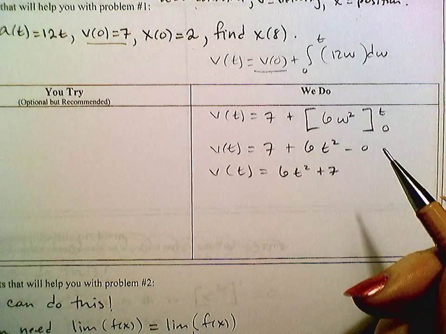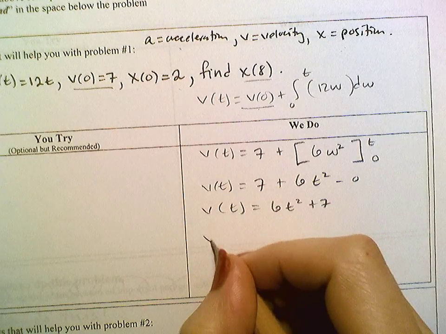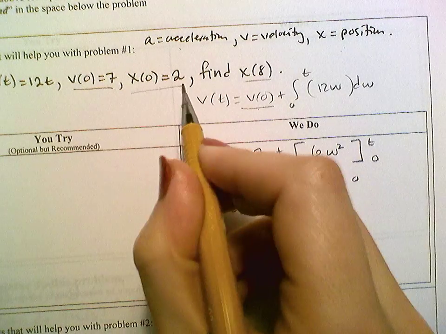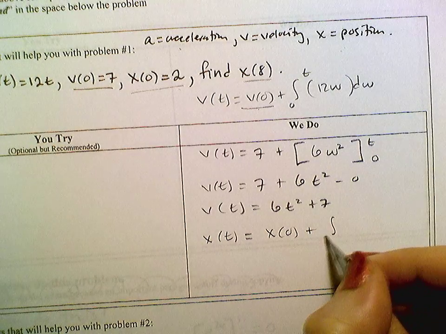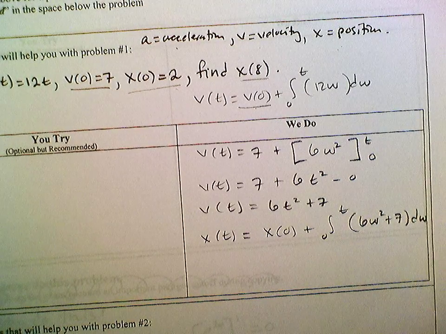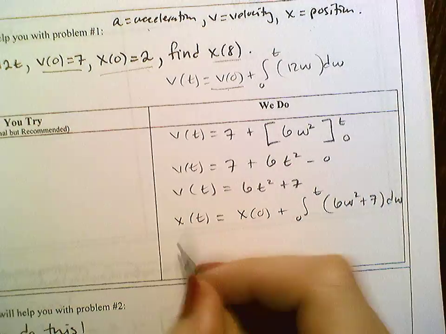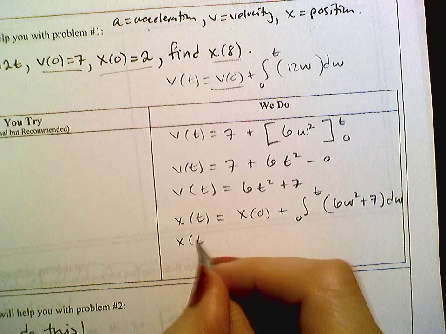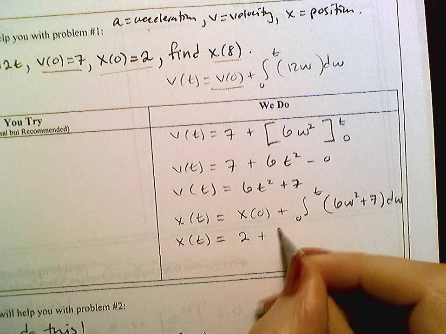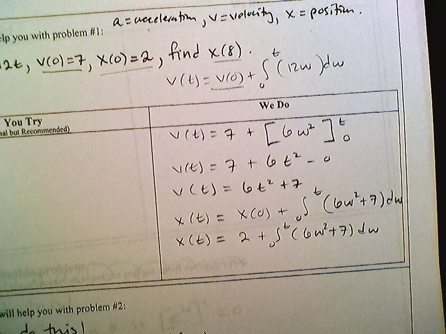Okay, so now I want x of 8. Let me find x of t first. So I've got x of t is equal to x of 0, because that's what we have, plus the integral from 0 to t, 6w squared plus 7 dw. So x of t is equal to 2 plus the integral from 0 to t, 6w squared plus 7 dw.